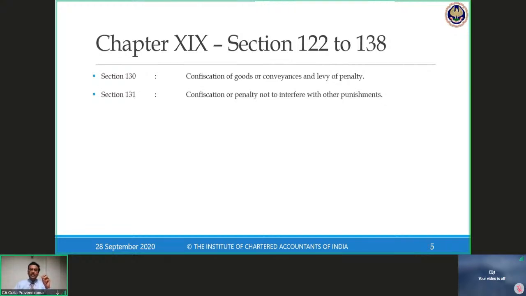131, confiscation of penalty, not to interfere with other punishments. This particular provision says, look, I cannot have sentiments under GST law saying that already the assessee was punished under any other law, like your CPC provisions. Say, assuming there is an income tax raid, or there is one offence under your ED money laundering cases, etc. Already the assessee was burdened with one of the provisions and actions taken under any other law.